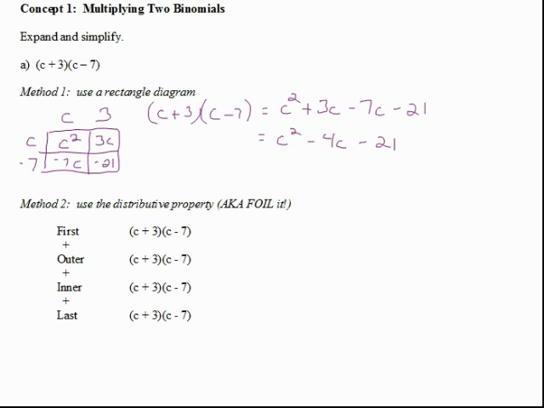The other one is using the distributive FOIL property, which we also call foiling it, and you may or may not have seen this last year. Let me talk about the distributive property first.